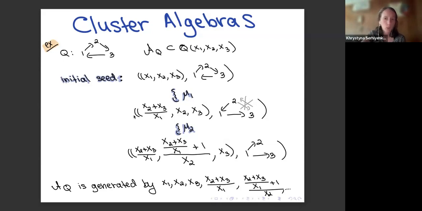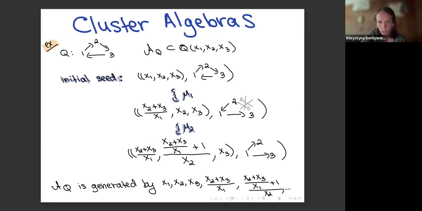And now let's say you want to mutate again. Let's say now you want to mutate at vertex 2. Starting with this seed, I mutate vertex 2, which means my variables at position 1 and 3 remain the same. This is my variable at position 1, the same variable at position 3 as I had from before. And something changes in position 2. And what does it do? I have to look back at the quiver.